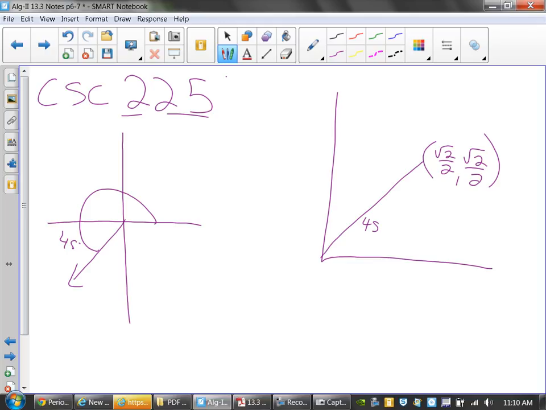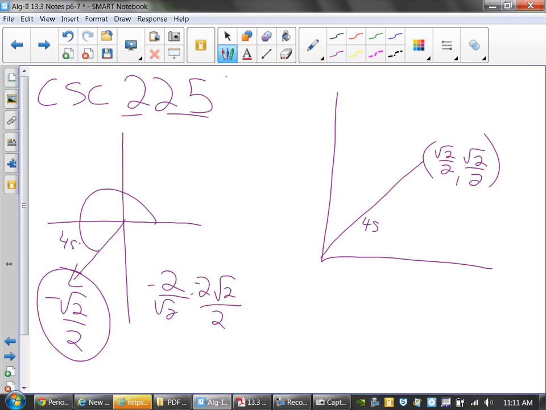The cosecant is the inverse of sine. If sine in the third quadrant would be negative root 2 over 2, the cosecant then would have to be its inverse. Negative root 2. You have to remember to change the sign for that.